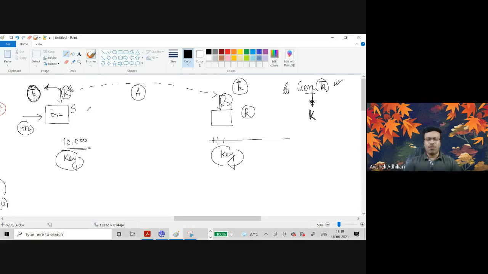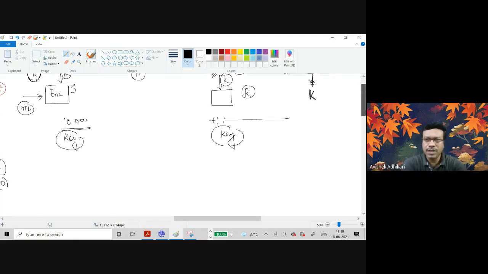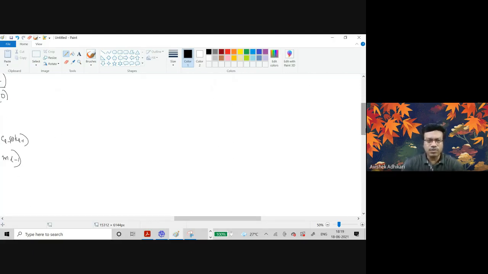So that coin tossing business is not suitable. We need something that will really generate random-looking strings. So in cryptography, a few things are important. The first one is the random number generator.